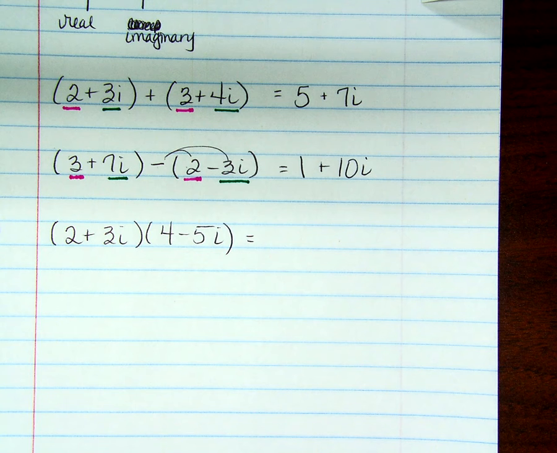Yes. Think about the rules of variables. Are we allowed to multiply 2 times 3x? Yes. So that's one of the rules that this follows. Okay, so can we multiply real and imaginary? Multiply, yes. Add and subtract? No. Okay, so we distribute.